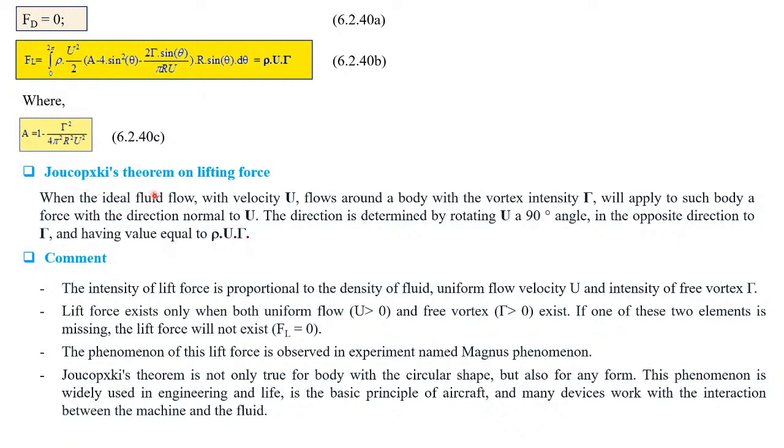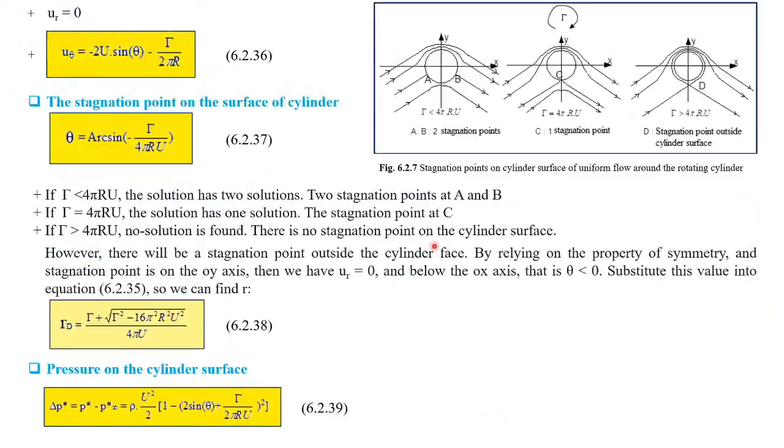That's the Joukowsky theorem. So you can see here, this is U. The direction of U is parallel to the x-axis, and the direction of FL, the lift force, is obtained by rotating U 90 degrees, either this direction or this direction, but opposite with gamma.